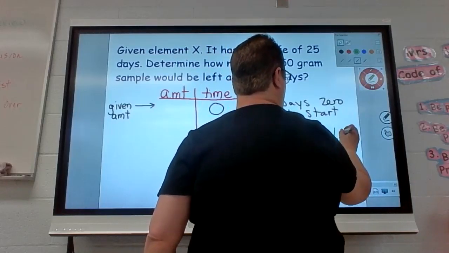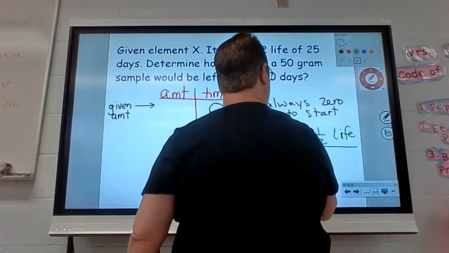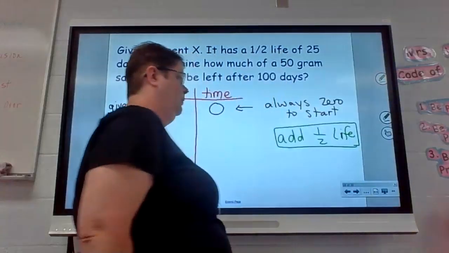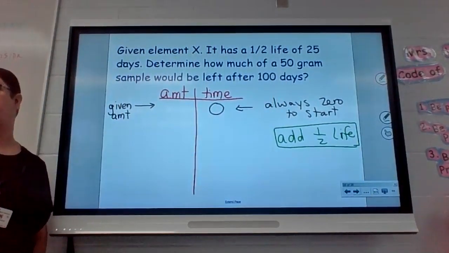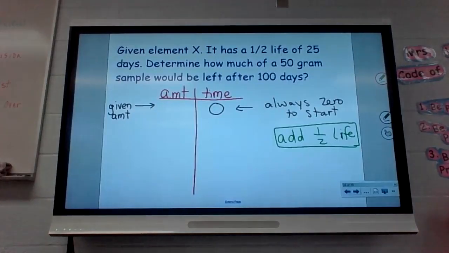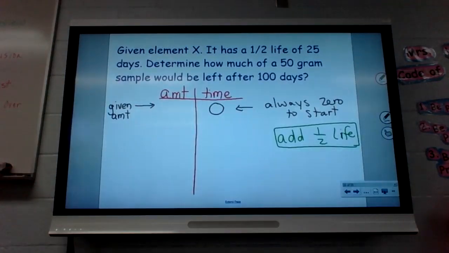Now, you have to find the half-life. It's going to be given to you in the question. It's not going to be the same for every problem. So you have to figure out what that half-life is. Okay? Everybody with me on that?